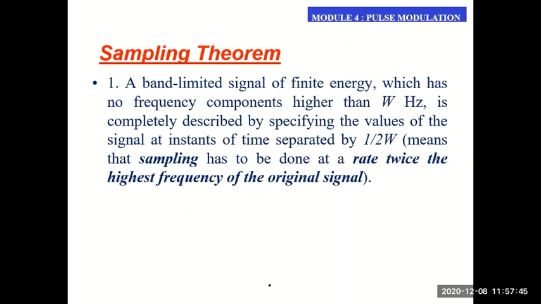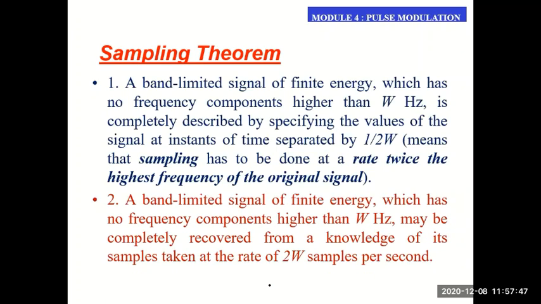So we have already considered this as our initial sampling theorem. We'll add one more statement. A band limited signal of finite energy, which has no frequency components higher than W, can be completely recovered from a knowledge of its samples, which are taken at a rate of 2W samples per second.